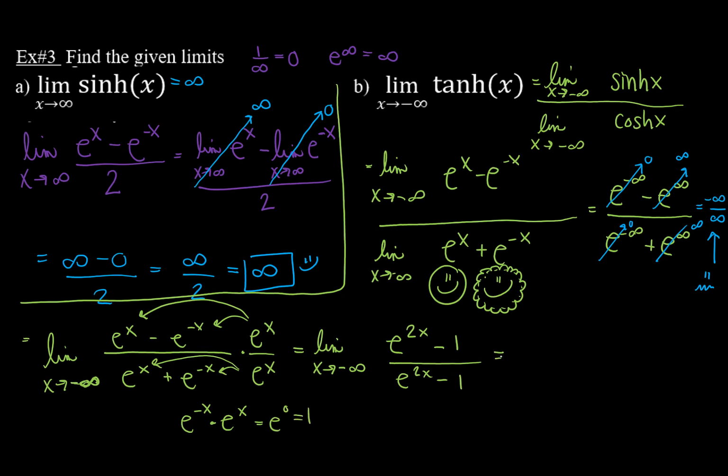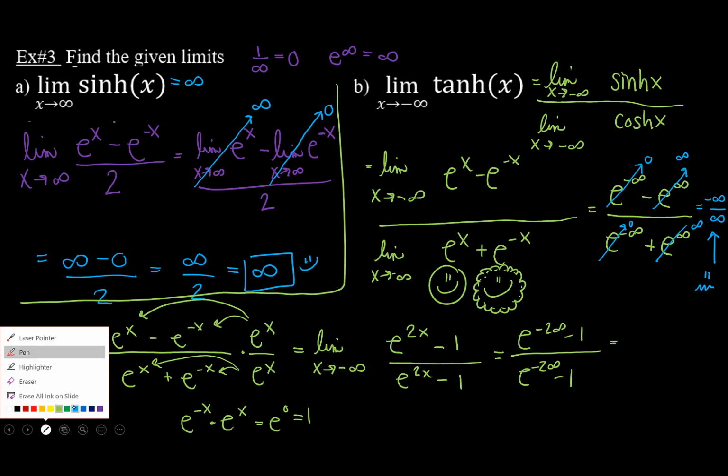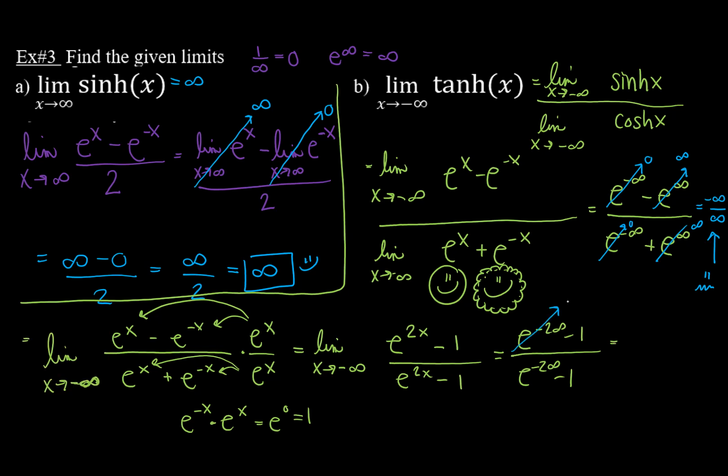All right, now let's plug in the negative infinity. If we plug in the negative infinity, I'm going to have e to the negative 2 infinity, and then minus 1, and e to the negative 2 infinity minus 1. If I have e to the negative infinity, remember this gives me 0, and this gives me 0.